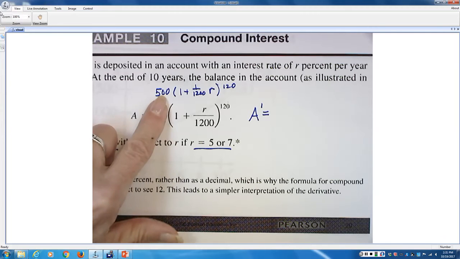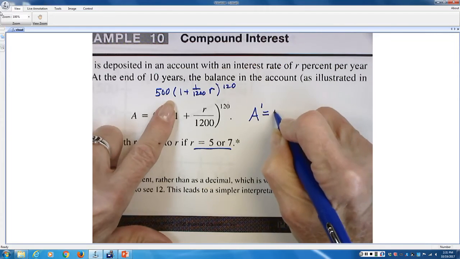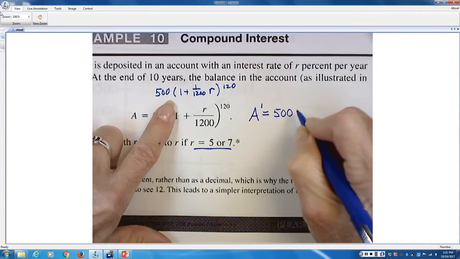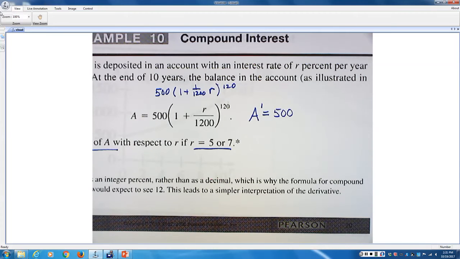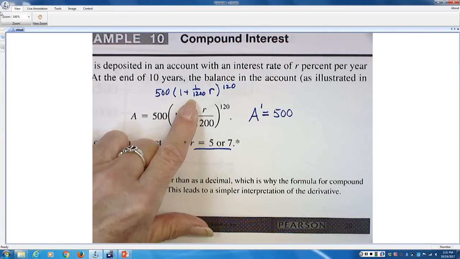Now the 500, remember, is not a function. It's a coefficient. It's a multiplier. And anytime you have a multiplier or a coefficient of something, it just hitchhikes along through the problem. It's just a hitchhiker. So we're just going to keep the 500. But then we have to take the derivative of this. So to take the derivative of that, we need chain rule.